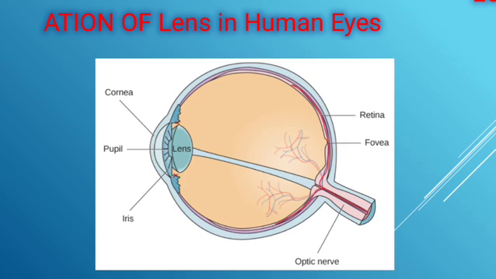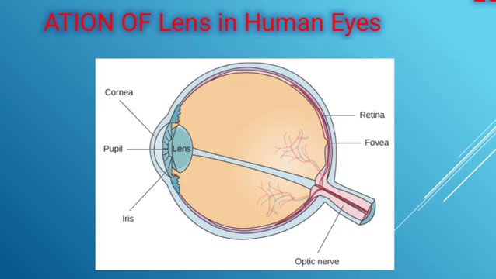The cornea is a very thin transparent cover on the human eye. The maximum entry of light is adjusted by the pupil. So the pupil controls the amount of light entering the eye.